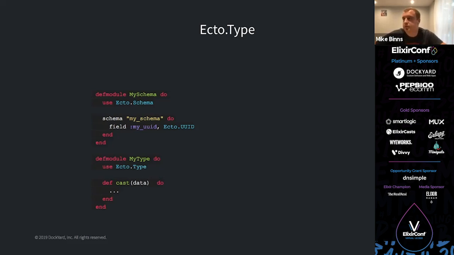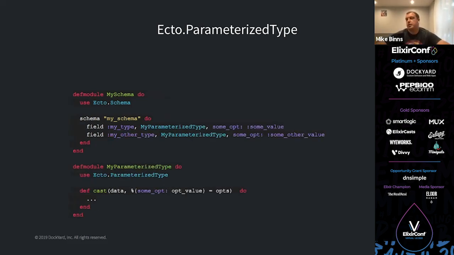So to compare that to the parameterized type, here you can see there are 2 fields being specified. Both are parameterized types. So the parameterized type is only defined once. There's one module that exists, and on 2 different fields, you can have 2 different sets of parameters.